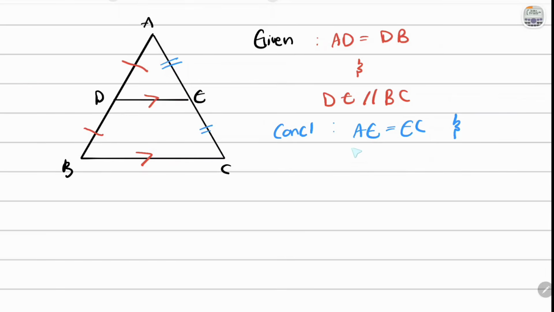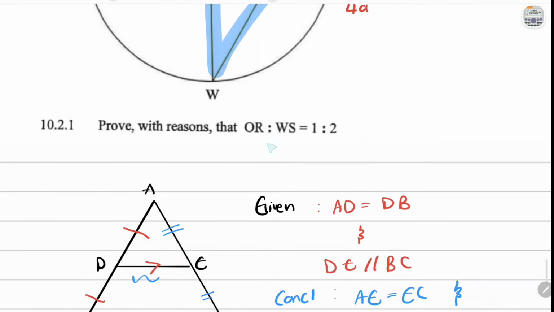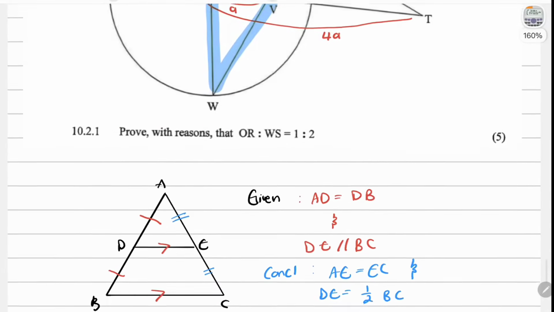Or we can even see it as, DE is half the size of BC. So if this was 20 centimeters, then that makes that 10 centimeters. So that is half of that. And as you can see, that's really what they're saying here with this ratio of 1:2. The only way that that can be shared in a ratio of 1:2 is if you have this midpoint theorem situation over here. So this gets 1 part and that gets 2 parts. Okay, so let's focus on what we need to have.